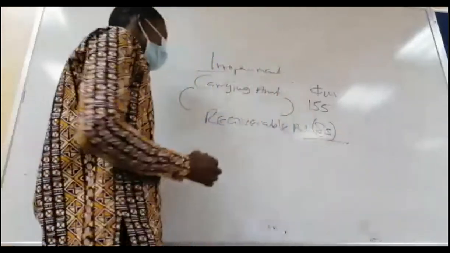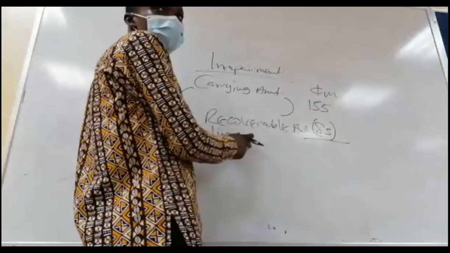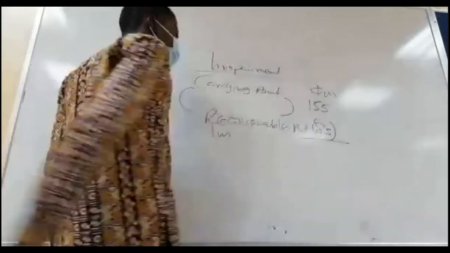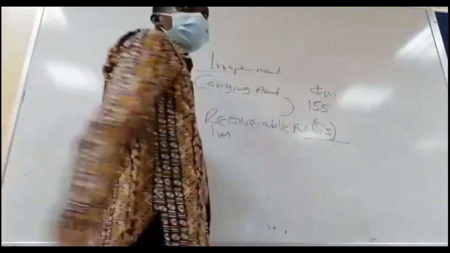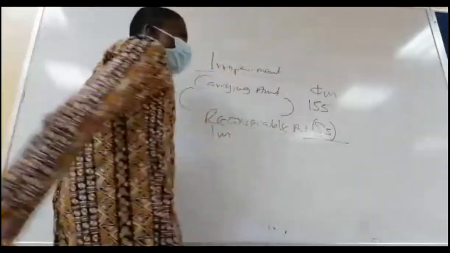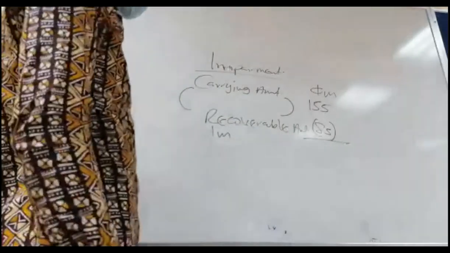So is there an impairment here? Yes, there's impairment. So long as the carrying amount is more than the recoverable amount, that's it, it is impaired. That means currently the soup is tasting 155, but it's not tasting 85.